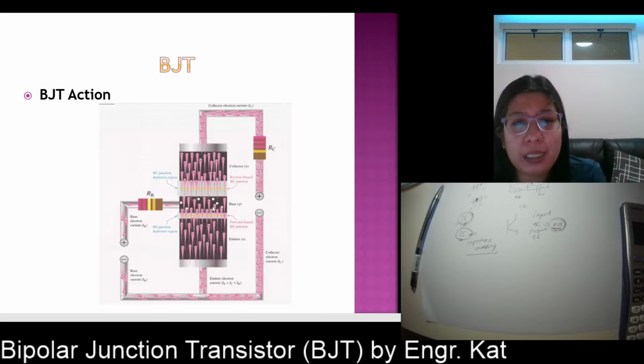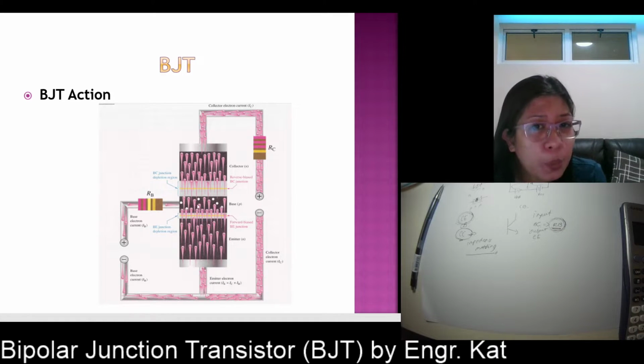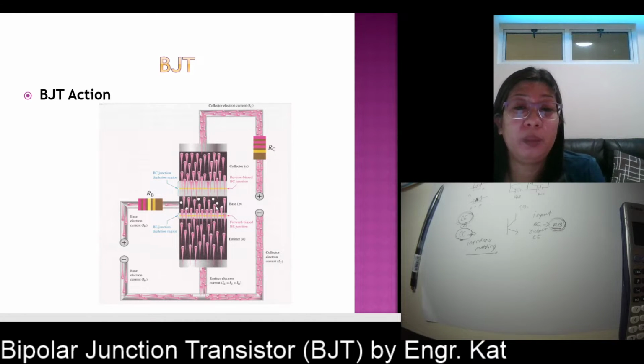Now, what happens in the base? In the base region, our majority carriers are the holes. If we make the base to collector region forward biased, we are permitting the holes to be transferred to the collector side. However, what is our goal? Our goal is for the electrons from the emitter to be transferred to the collector region.